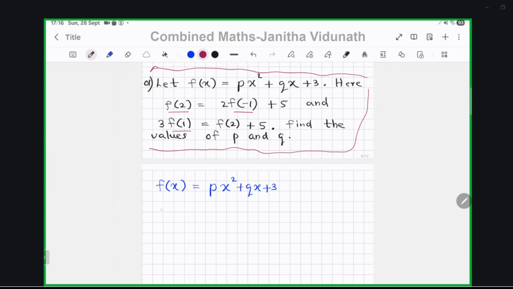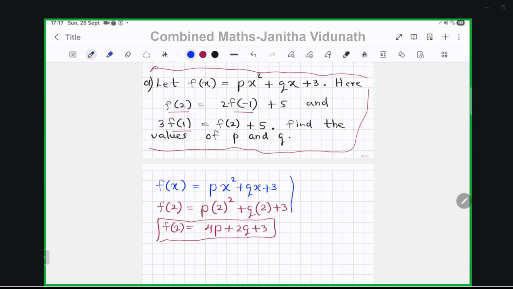First we try to find the value of f(2). Then f(2) means p times, we simply substitute the value for the variable, 2 to the power 2, plus q times 2 plus 3. That means 4p plus 2q plus 3. This is the value of f(2).